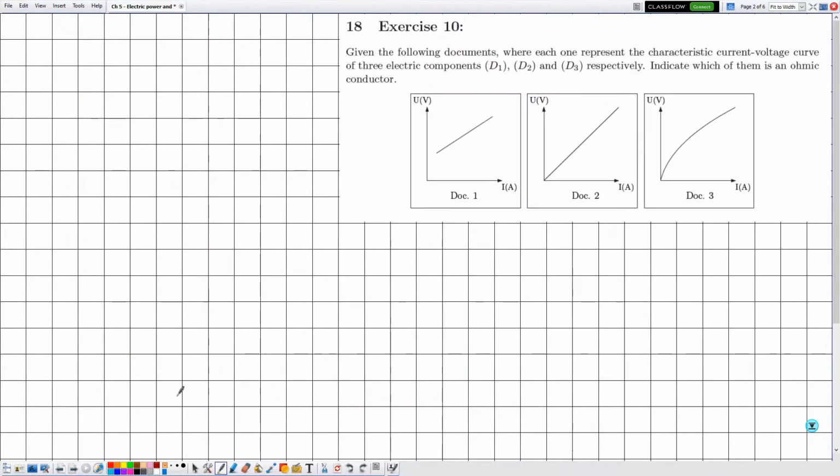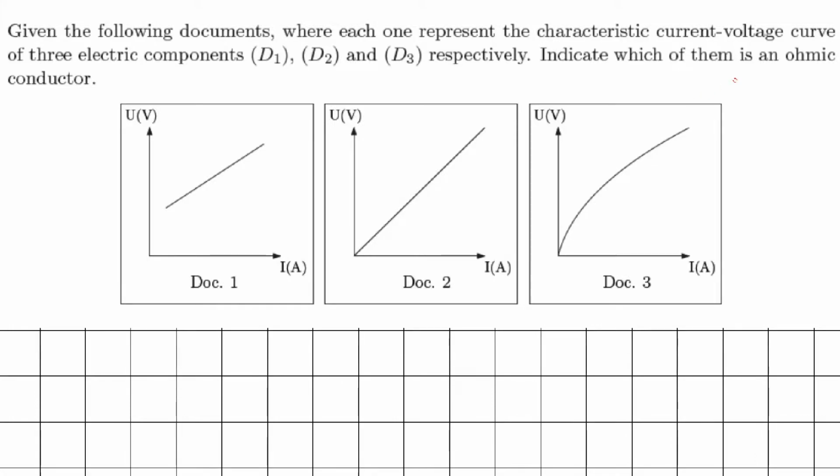Now let me move to the second exercise, which is exercise number 10. They are telling me, given the following documents, where each one represents the characteristic current-voltage curve of three electric components D1, D2, D3 respectively. So this characteristic curve is for D1, this is for D2, and this is for D3.